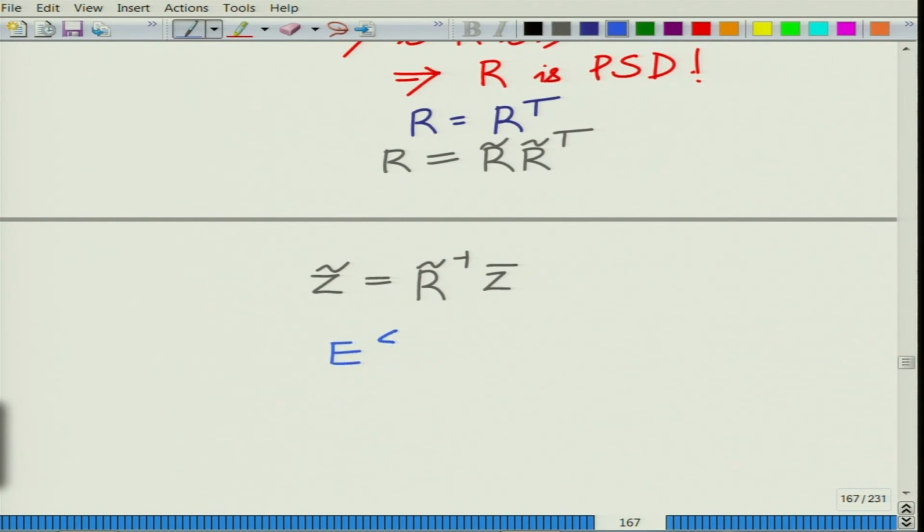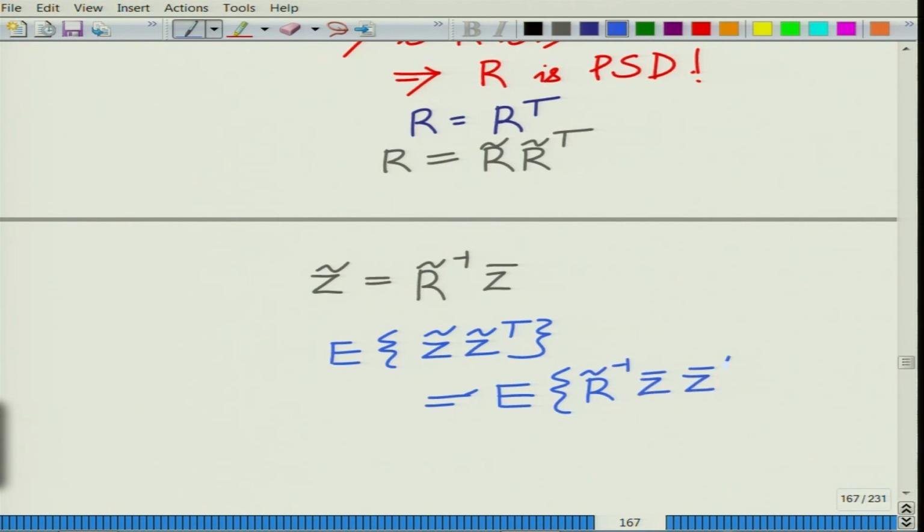Then we have the expected value of z tilde z tilde transpose is the expected value of R tilde inverse z bar z bar transpose R tilde inverse transpose.